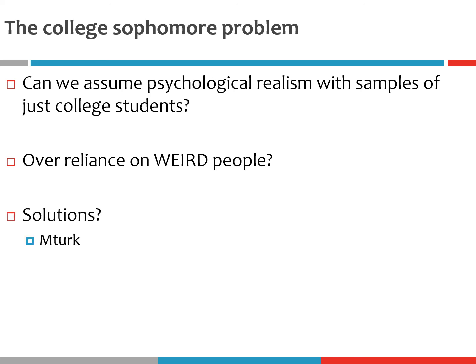Okay, so how do we solve this problem? How do we utilize samples that are more representative of the population? Well, one of the things we can do is utilize something called MTurk. So Mechanical Turk is a program that Amazon created that allows you to use samples from all different countries.